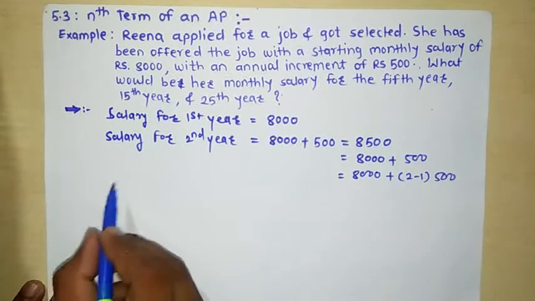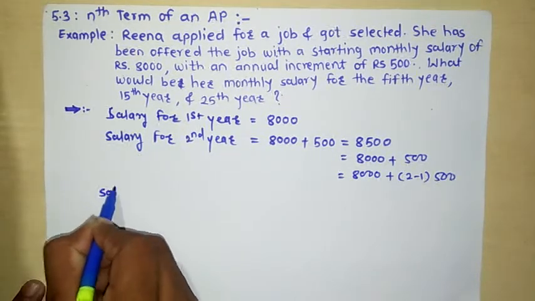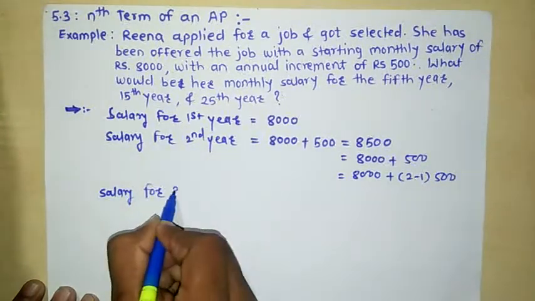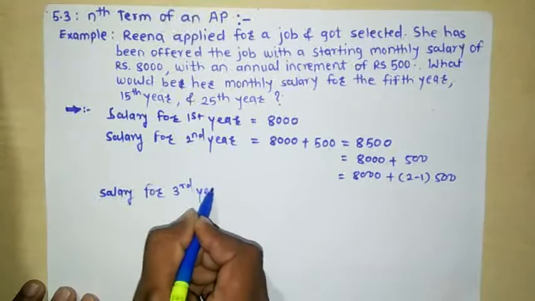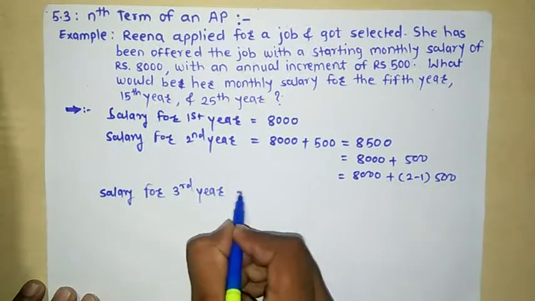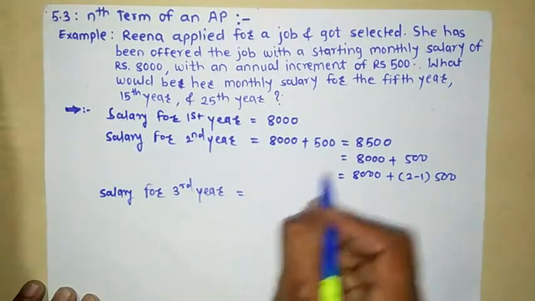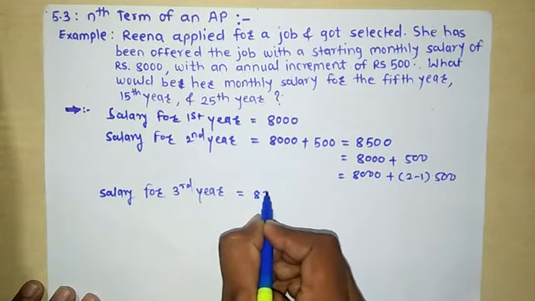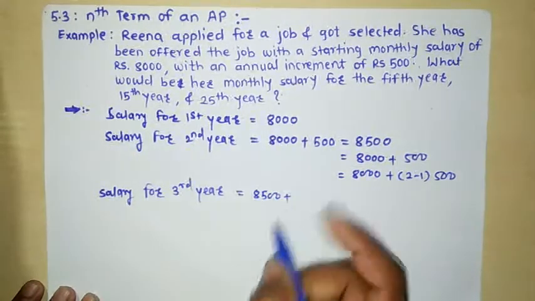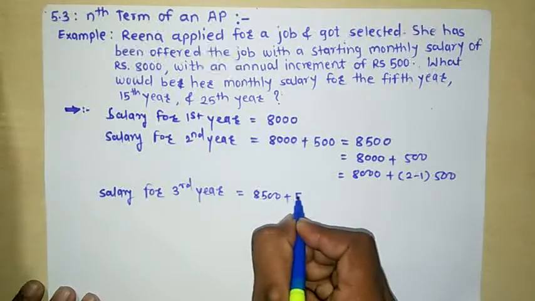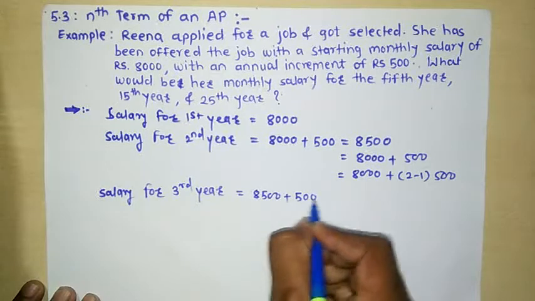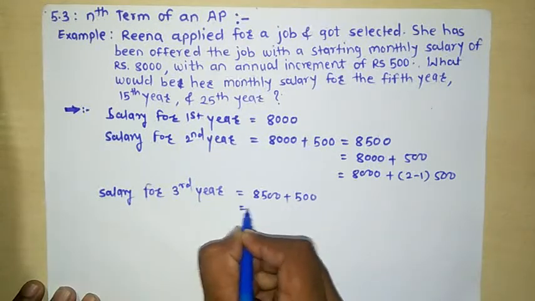Okay. Now salary for the third year is equal to, the second year was 8,500. This 8,500 plus again 500 increment, because each year we are providing 500 increment, which is equal to 9,000 rupees.